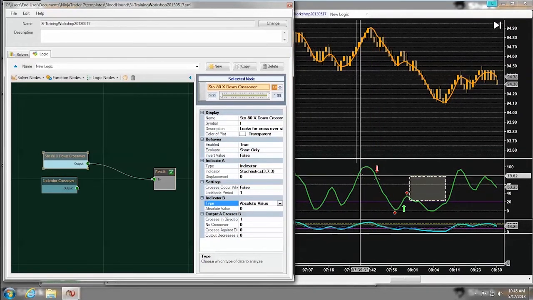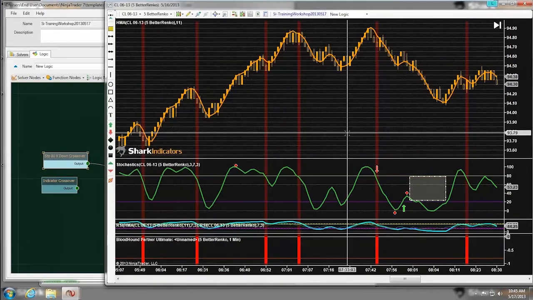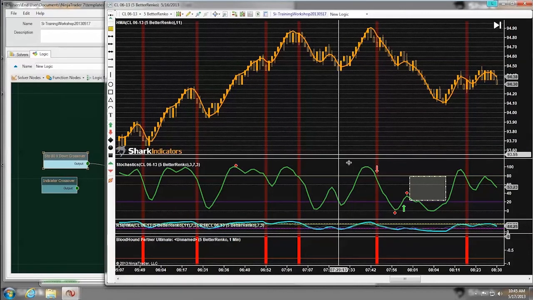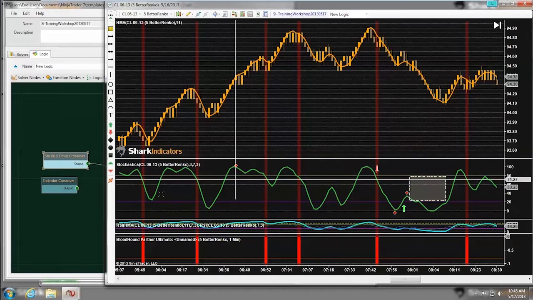So these thresholds, this 80 and 20 threshold, is an absolute value because it never changes. So I'm looking to cross the 80. There we go. That looks better. Crosses the 80, crosses the 80, and down, and so forth.